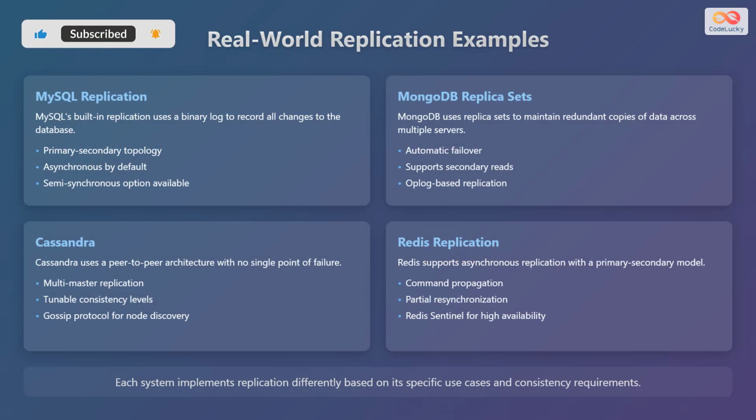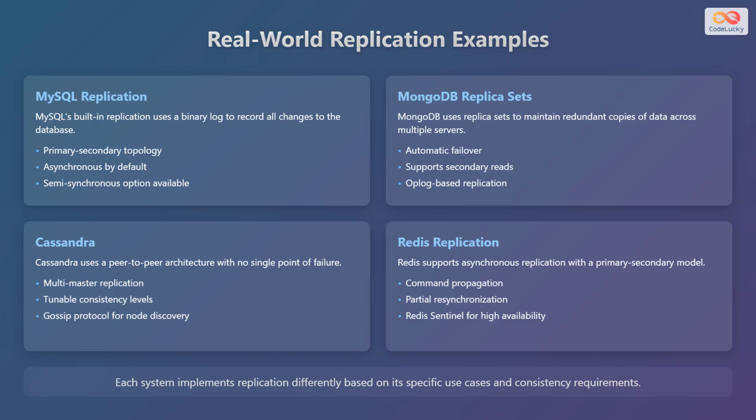Several real-world systems implement data replication in various ways. MySQL replication uses a binary log in a primary-secondary topology and is asynchronous by default, with a semi-synchronous option available. MongoDB replica sets provide automatic failover, support secondary reads, and utilize oplog-based replication.